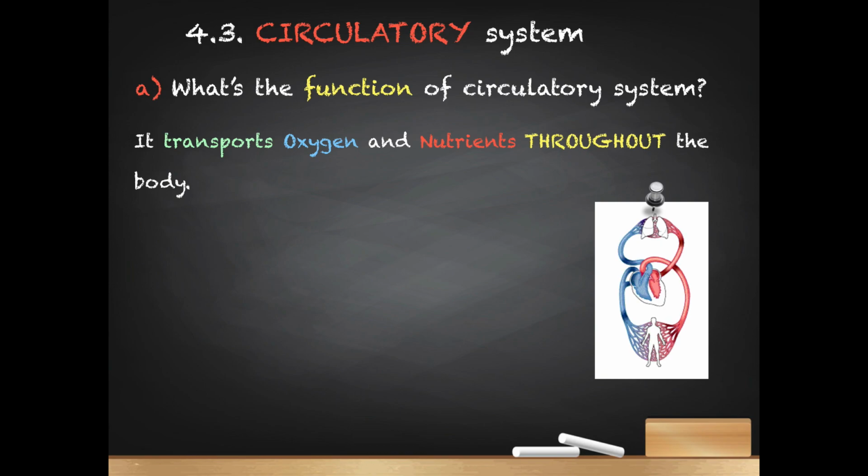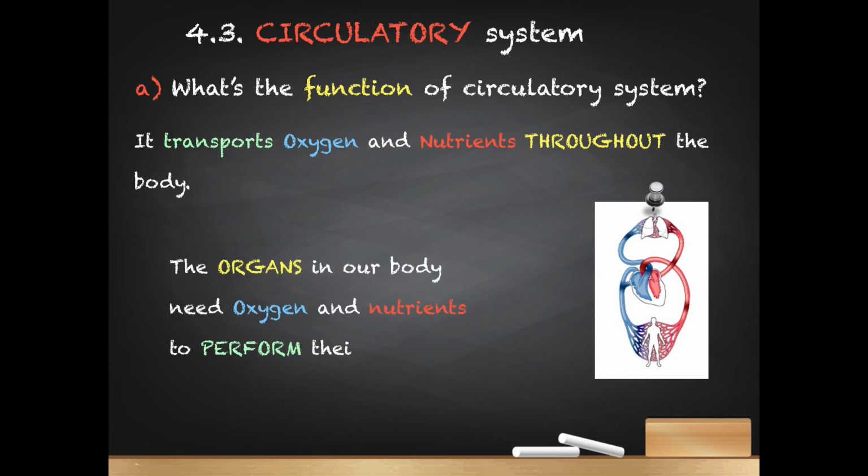Okay, and why is this circulation important? Why is circulation essential for the body? Circulation is important because our organs need oxygen and nutrients. And if we don't have oxygen and nutrients, organs cannot perform their jobs.